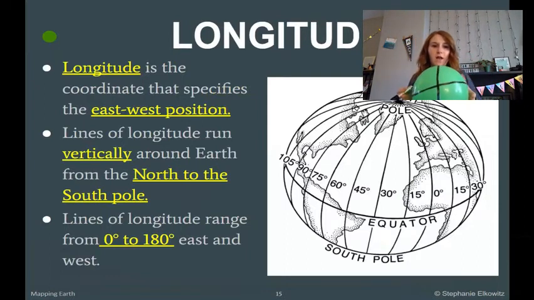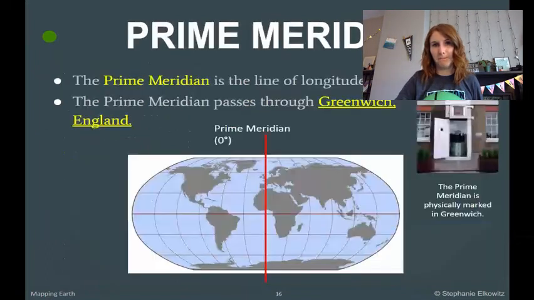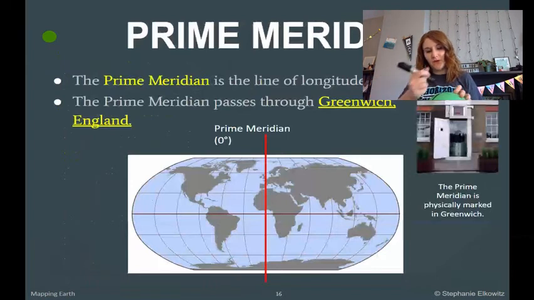So here's my line of longitude. Lines of longitude range from 0 degrees to 180 degrees east and west. These lines of longitude measure locations east and west on Earth. The prime meridian, which we'll call this line here, is the line of longitude at 0 degrees.